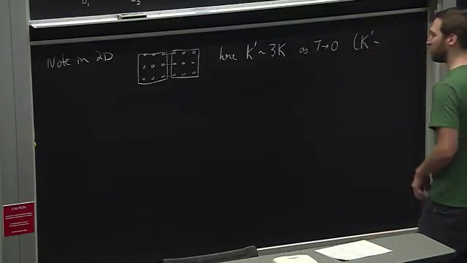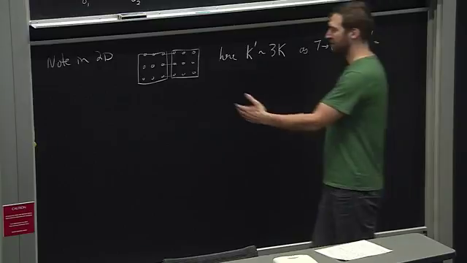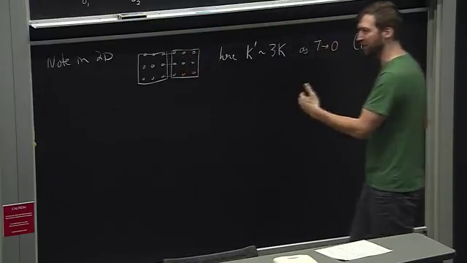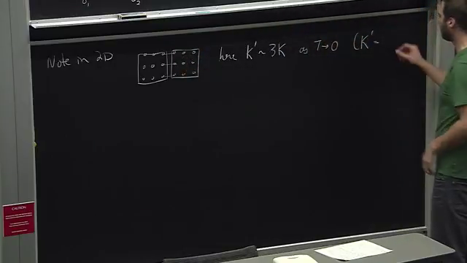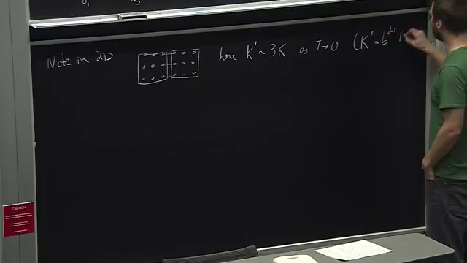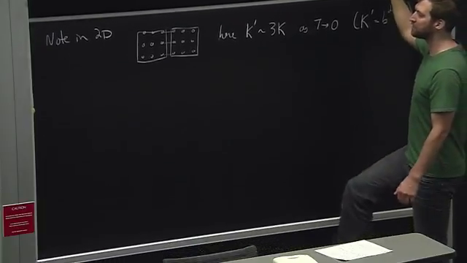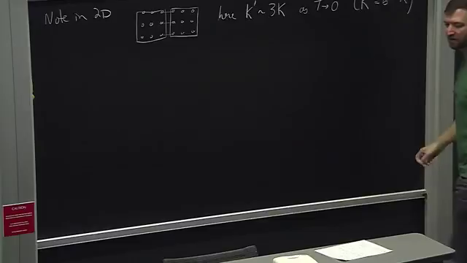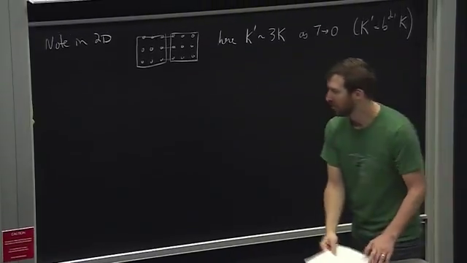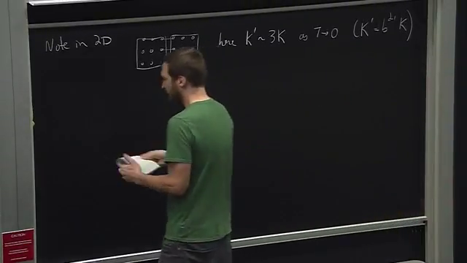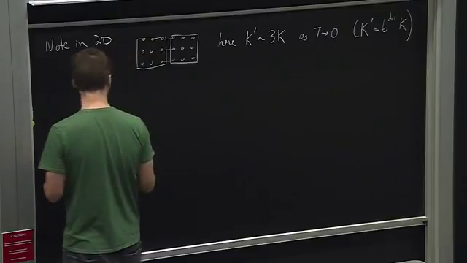So B to the D minus 1. That's because this boundary is 1 dimension lower than the system. So I'd say B to the D minus 1 K. So generally, only when it's 1 dimension, this thing becomes independent of D, right? So K prime, we expect K prime to be greater than K by this argument.